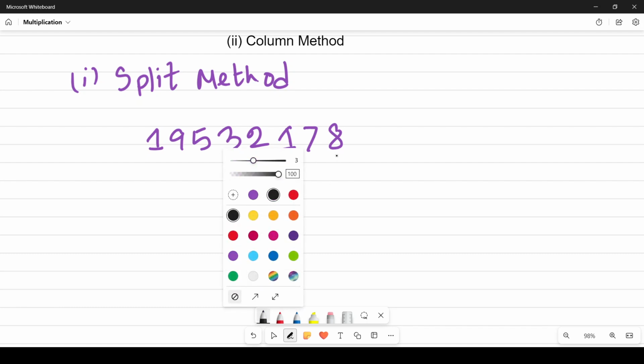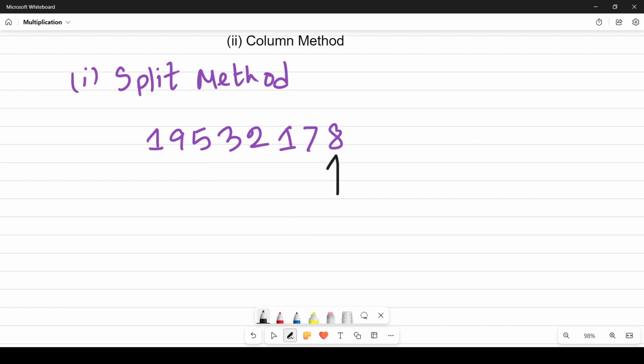So the first place of a number is called ones, then the second place, and it always starts from this side, right to left.